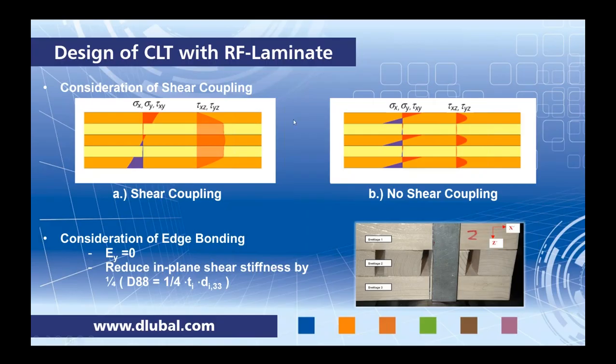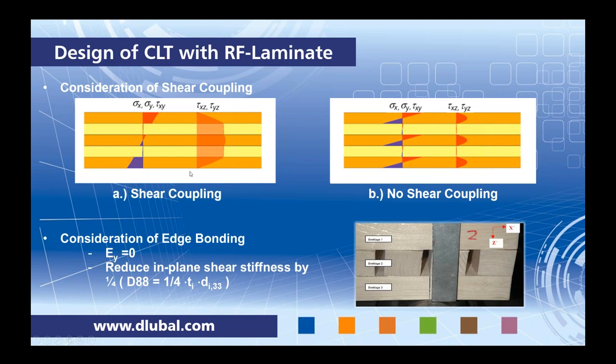Back in PowerPoint, shear coupling is nothing more than: are the layers glued together. So you can see here that when we do consider shear coupling, our stress diagram throughout the depth of the CLT is related. When we're not considering shear coupling, you can see that each layer has its own behavior that's not related to any adjacent layer.